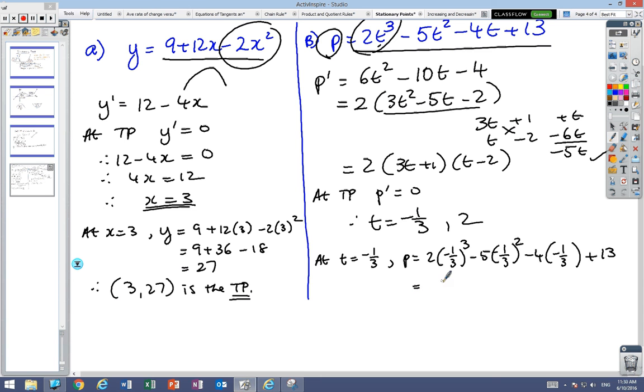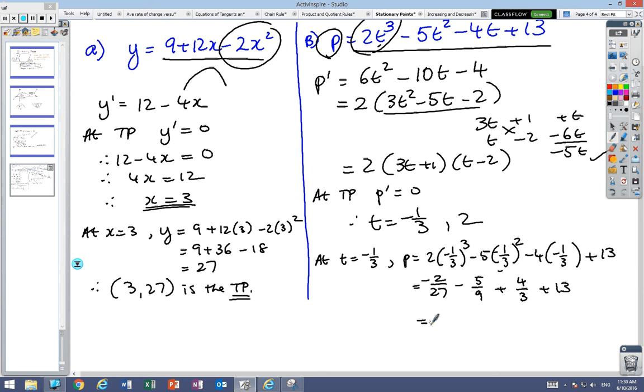Alright, so I've got 1 over 27, so it's a negative 2 over 27 for the first number, because that's a negative cubed. A negative squared is positive, but I've got a negative, so it's going to be minus 5 over 9 plus 4/3 plus 13. I'm going to get my calculator out.